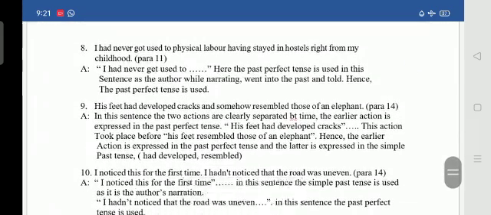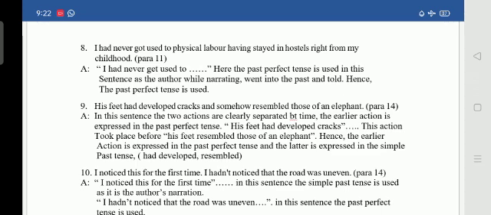See the eighth. I had never got used to physical labor, having stayed in the hostels right from my childhood. This sentence is in para 11. I had never got used to.